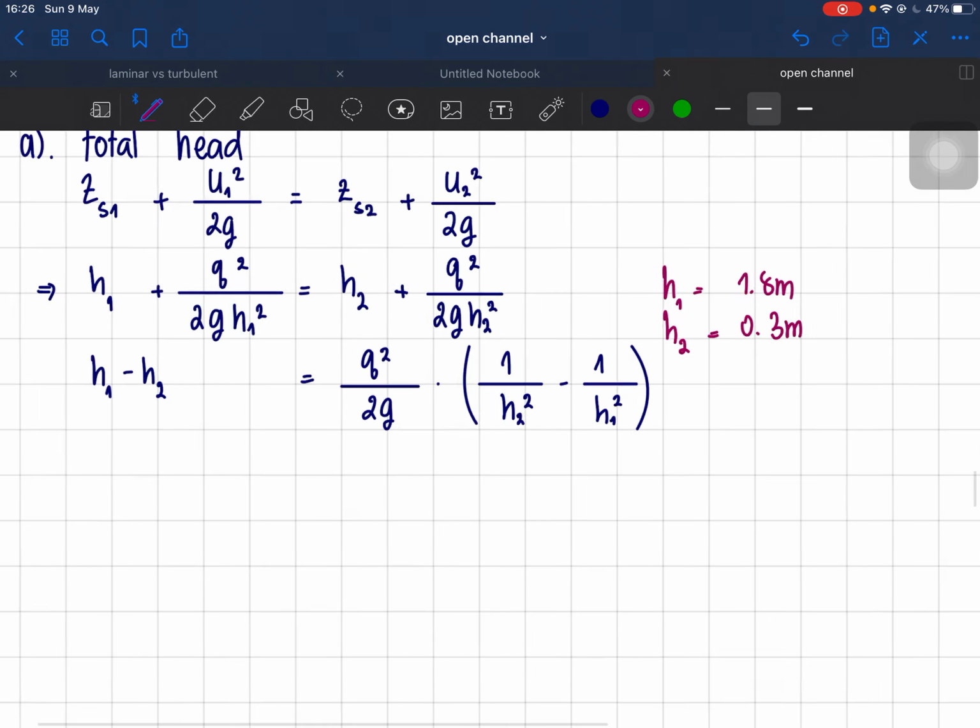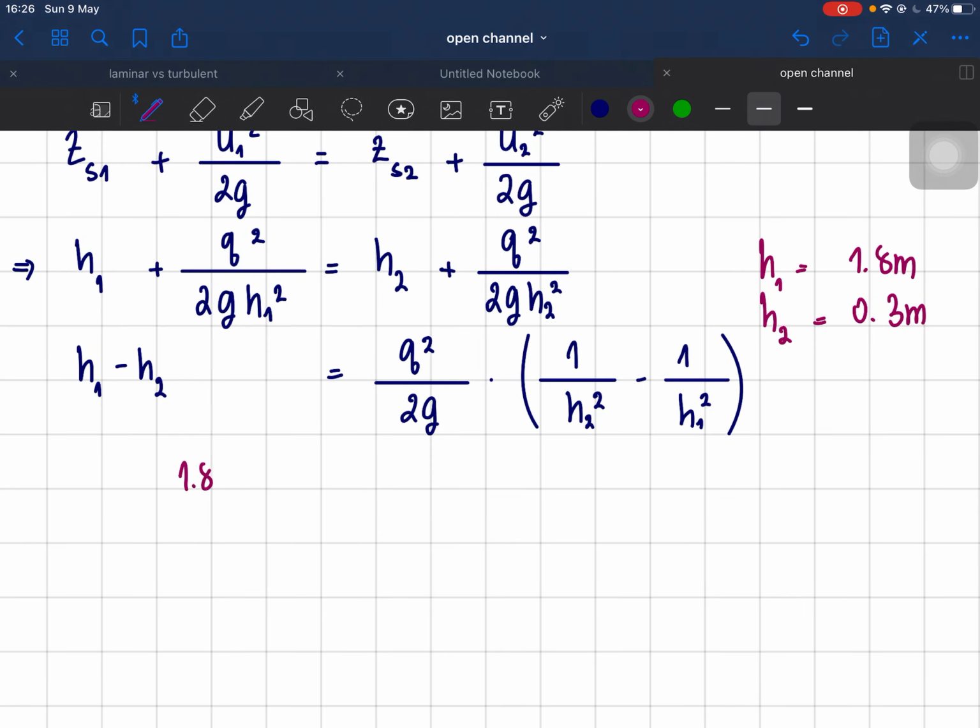So then we can finally substitute everything in. 1.8 minus 0.3 equals to Q squared over 2 times 9.81 times 1 over 0.3, actually it's H2 squared, okay, minus 1 over 1.8 squared.